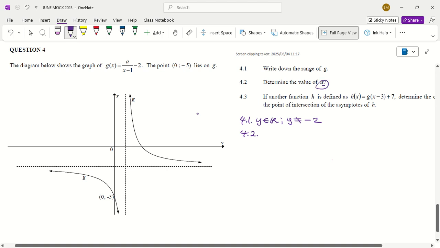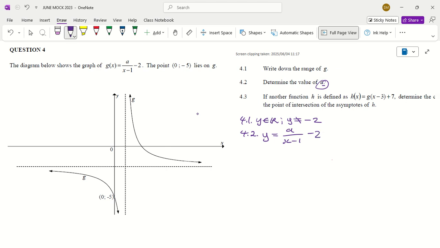And then the next question is 4.2, and we need to determine the value of a, and we know that our equation is y is equal to a over x minus 1 minus 2. Now when we need to find an equation of a parabola or hyperbola, we need to substitute first the asymptotes, and we have the asymptotes here. And then the next thing we need is a point.